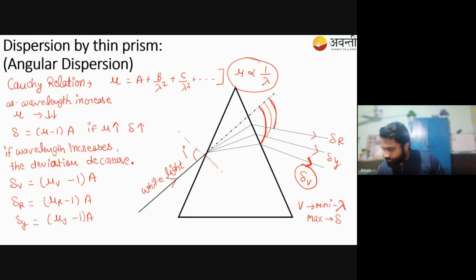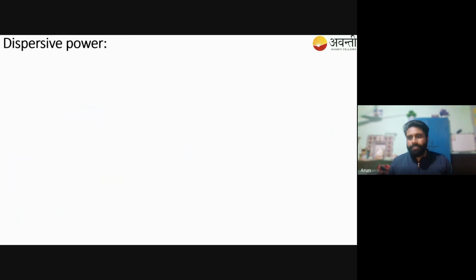Okay. Got it? The next part is the dispersive power. So dispersive power is nothing but, I'm writing the definition of it.